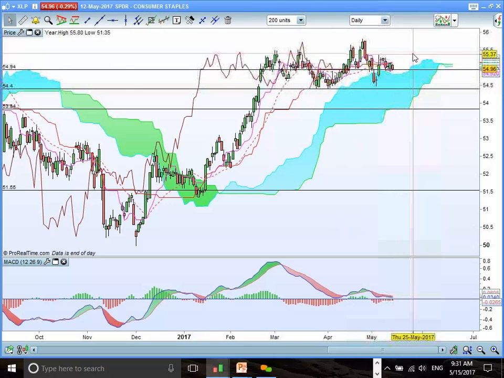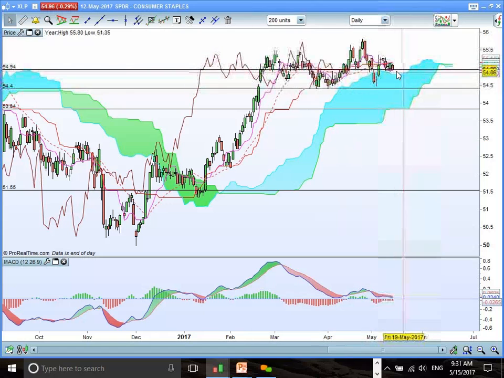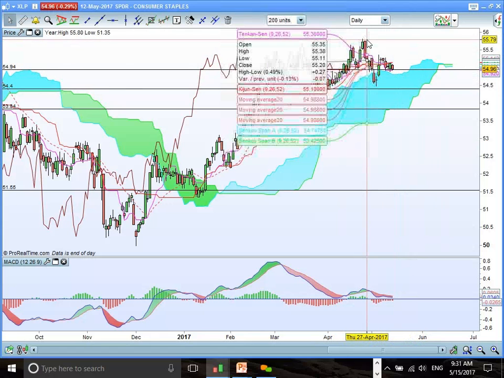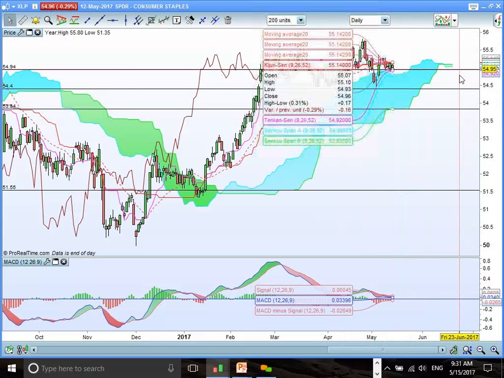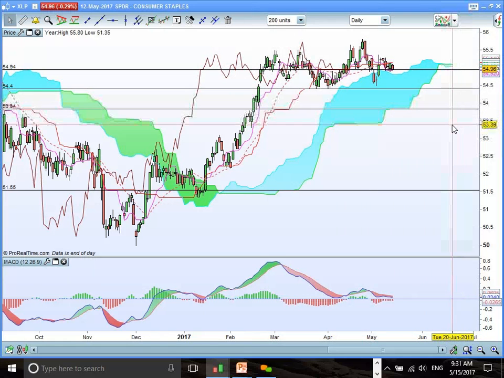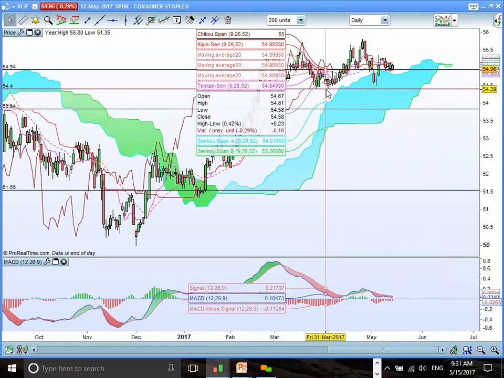You could see a possible short-term swing trade to the upside, back up to the resistance zone, 55.79. Now, do note that the front-end cloud twist has occurred, so it gives us an indication that there are early warning signals that we might be moving lower. So that could mean that we could see a dip back into the cloud chart support here at 54.39.